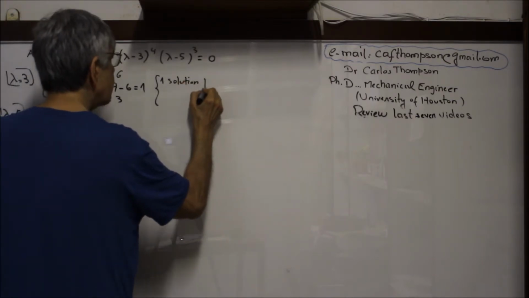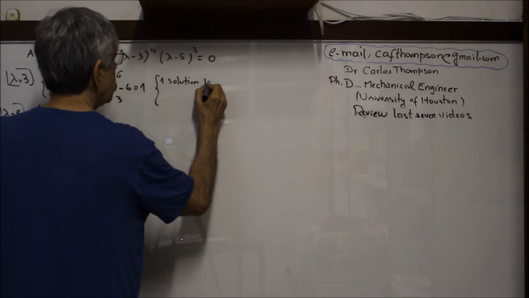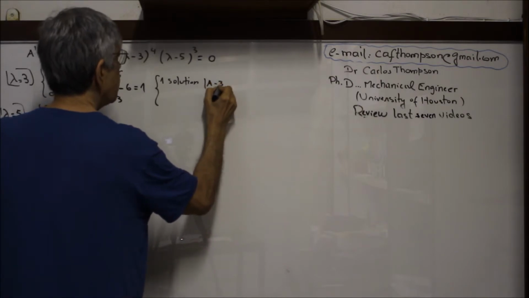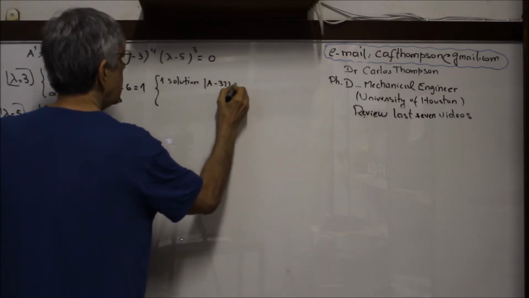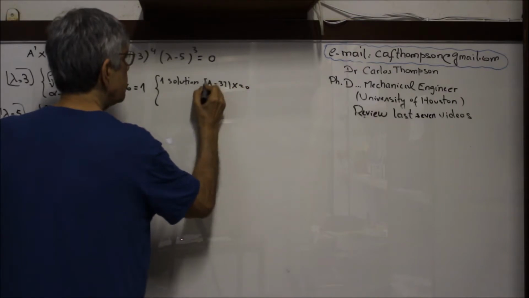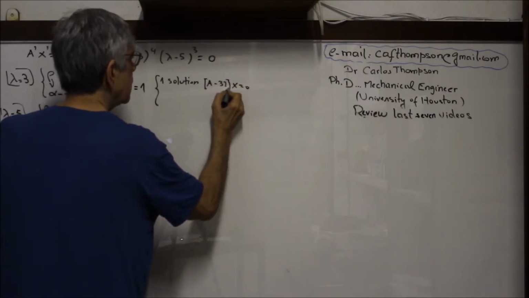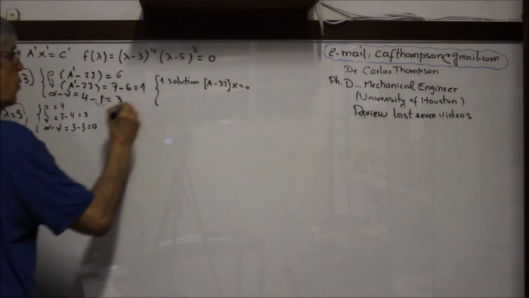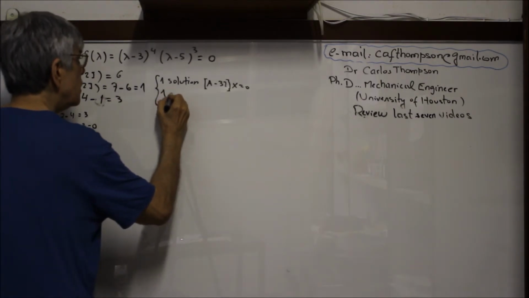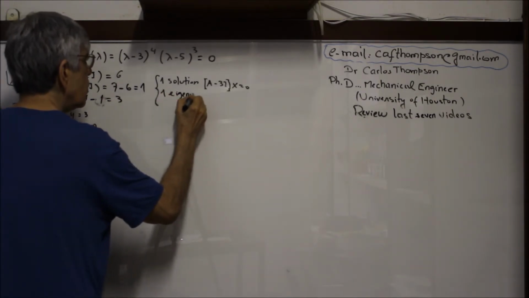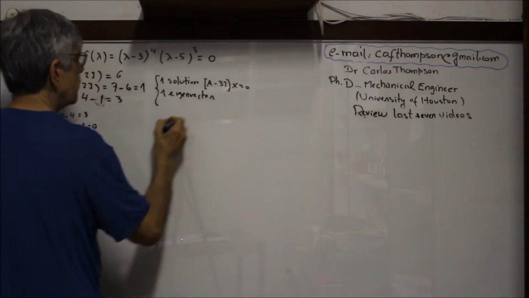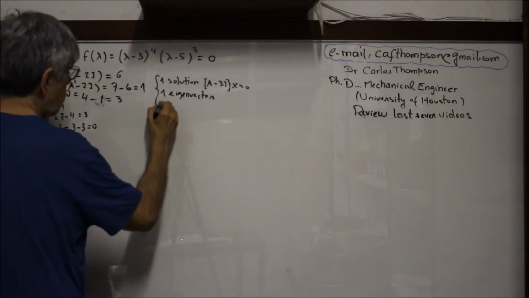Solution of what? Of this equation here, A minus 3i x is equal to 0. So the matrix here. Now, I have only one eigenvector. And one block.